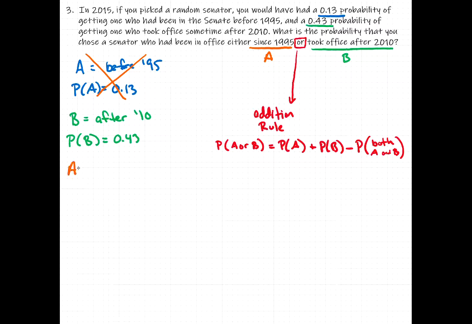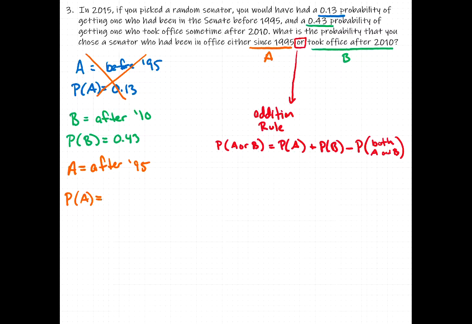So let's redefine event A as being after the year 95. And now what's the probability of A?